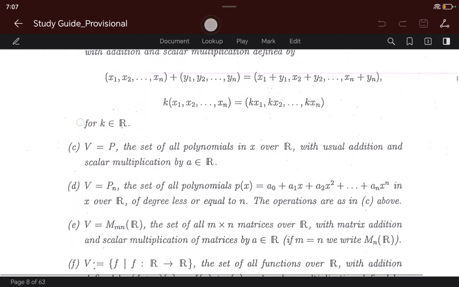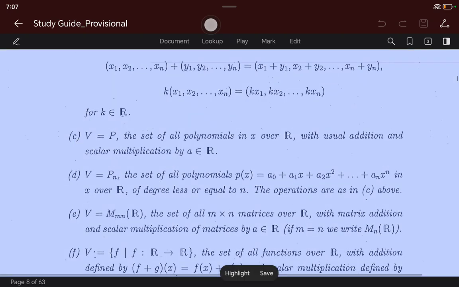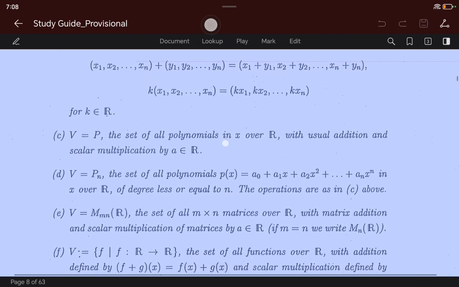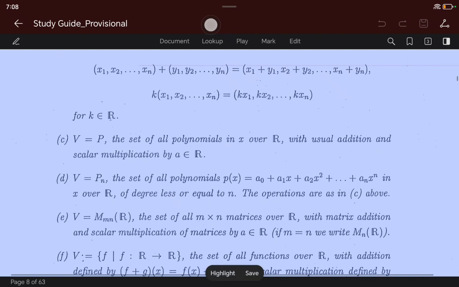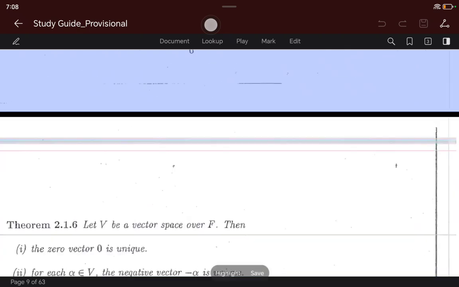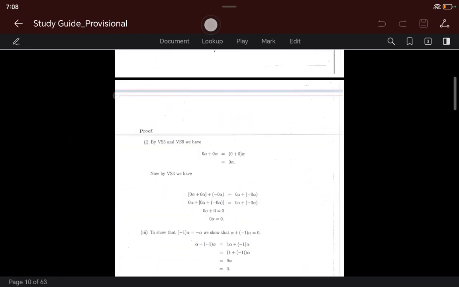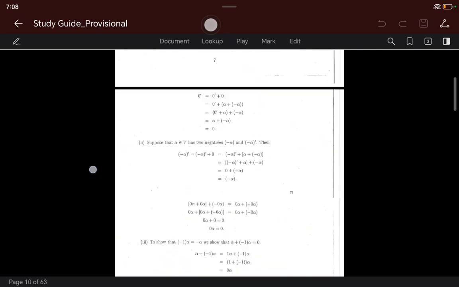When they say V is equal to P, the set of polynomials in x over R with usual addition and scalar multiplication by a element of R, you can look at any of these, it doesn't matter which one. From there, you can attempt the tutorial.